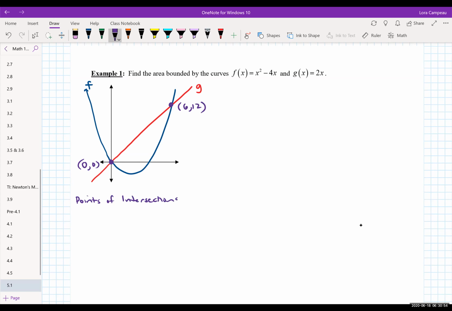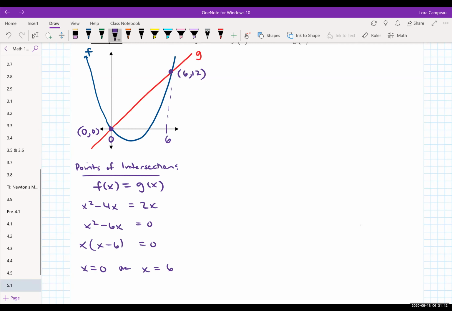And so, as you can see, we see 0 and we see 6. Whether you use the TI or show it by hand, just make sure you can utilize both if you ever need to.